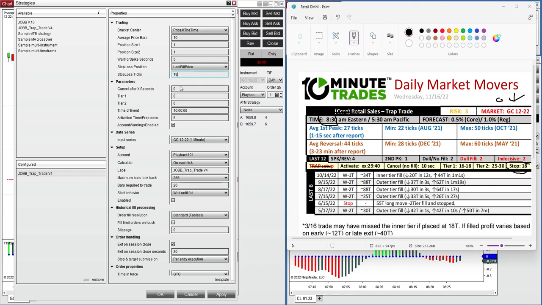Cancel after X seconds. Remember what we talked about with cancel? I don't like to cancel trades. Automatic canceling of trades really is a throwback to pre-pandemic. Since the pandemic, news results are taking longer sometimes. I'd rather wait. If you insist on canceling, I promise you, you'll miss a lot of good trades.